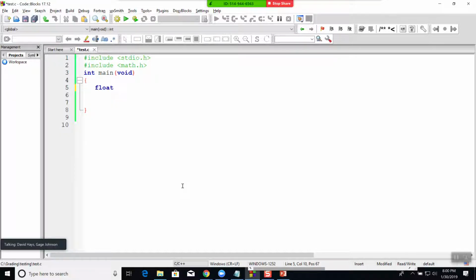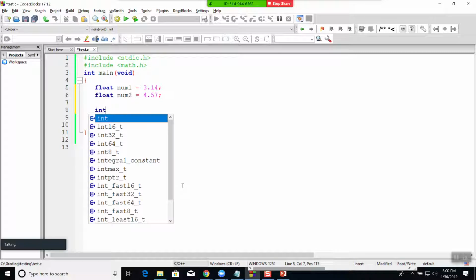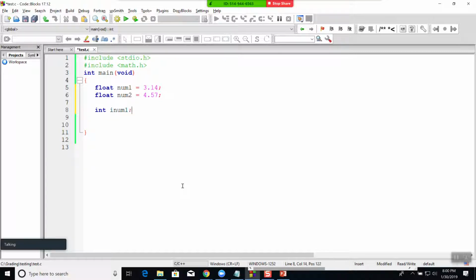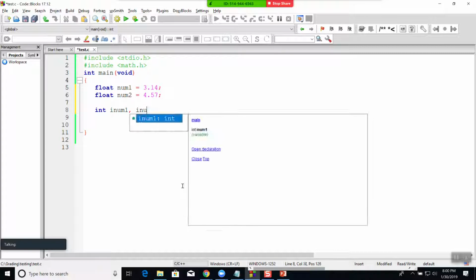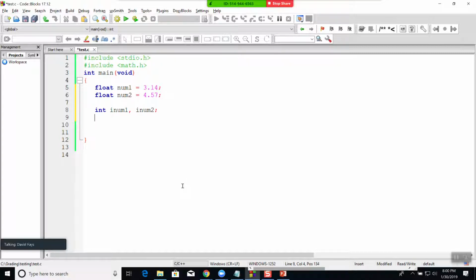Well, I've seen this in programming, where you've got num1 equal to 3.14, and num2 equal to 4.57. Then what you do is, you can multiply num1 times 100.